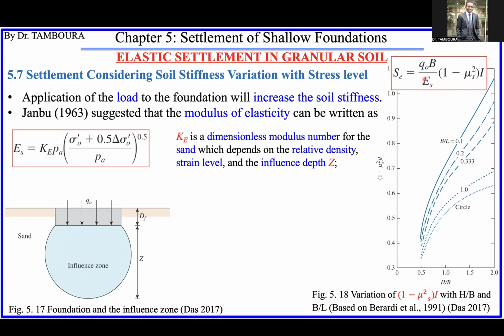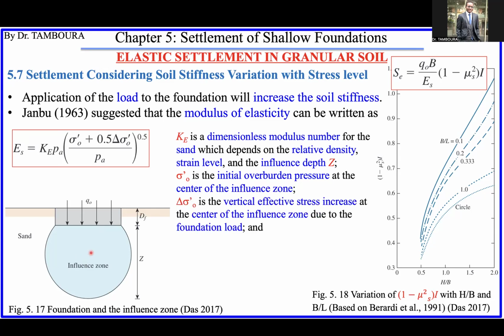So starting with the modulus of elasticity, which can be obtained from this equation. So sigma prime 0 is the initial overburden pressure at the center of the influence zone. And delta sigma 0 is the vertical effective stress increase at the center of the influence zone due to the foundation load.